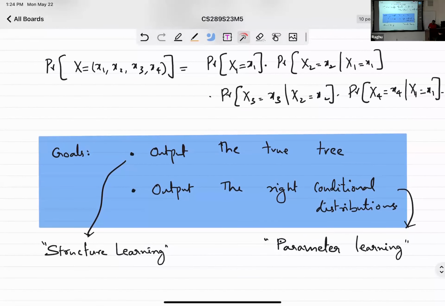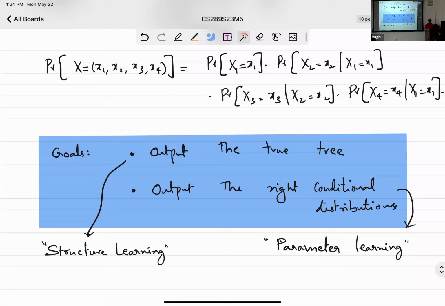So if I'm trying to learn the parameters, you might wonder, can I learn the parameters exactly? What do you think? Can I learn the distribution exactly? With finite samples, it's usually not possible to learn the distribution exactly, right?